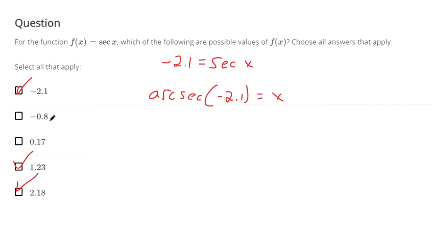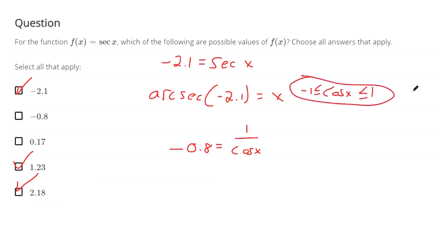I guess another more analytical way is to rewrite that as 1 over cosine of x and solve that equation for each y value. You'll see there's some values like here. Let's do this one. If you plug negative 0.8 in for f of x and rewrite this as cosine of x, we know the function cosine of x is between negative 1 and positive 1. You're going to use that fact in calculus a few times.